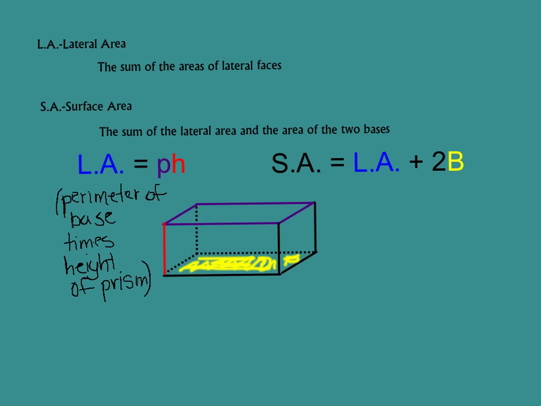And again, it's the area of the bases. So let me just write that out. Let me just say area of bases. All right, so make sure you have these formulas written down and let's move forward.